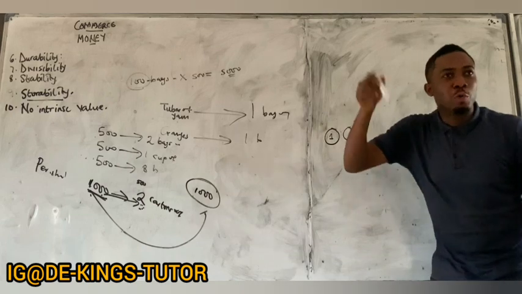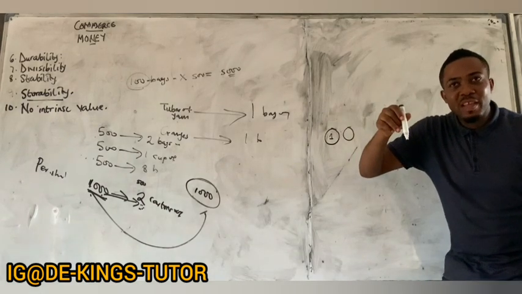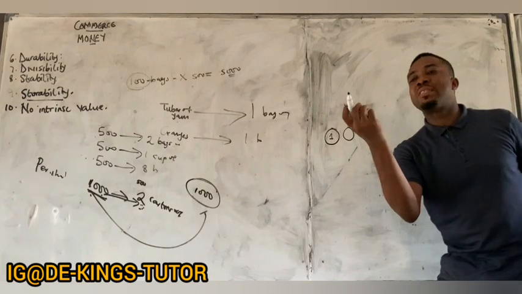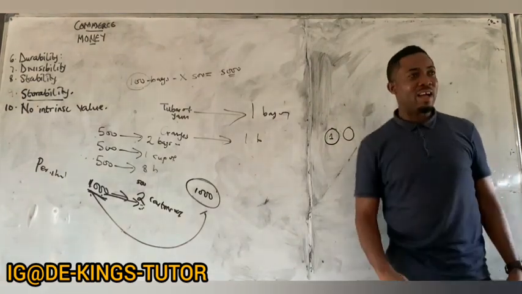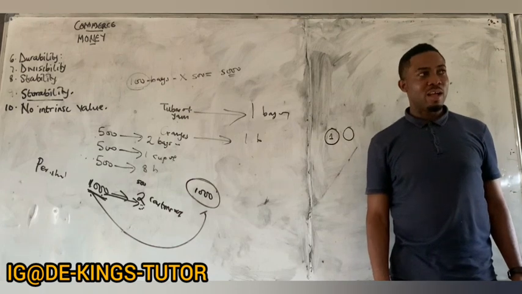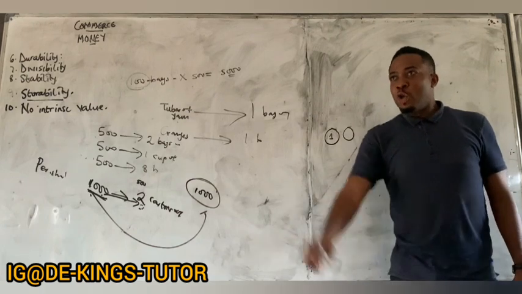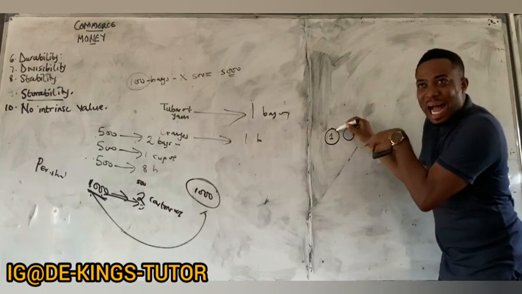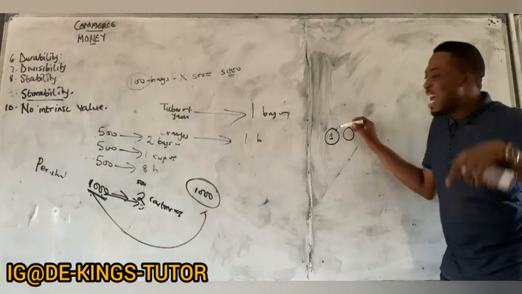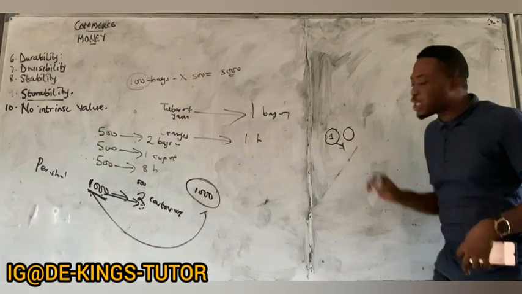Now that gold in itself, if you melt it, the gold will be worth more than this 1 naira. Do you understand me? So by then it means the value in that metal is higher than what it is used for exchange.